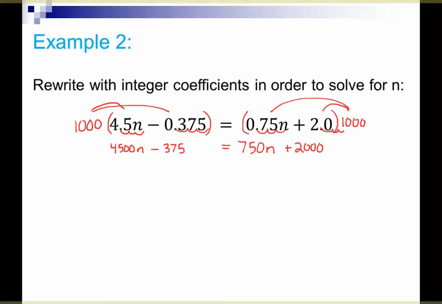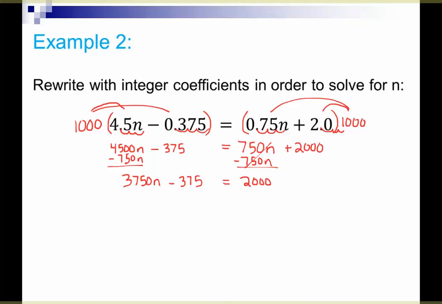Okay, I'm going to collect variables. So our best move, in my opinion, is to take away the 750n from both sides. And when we do that, we get 3,750n minus 375 equals 2,000.